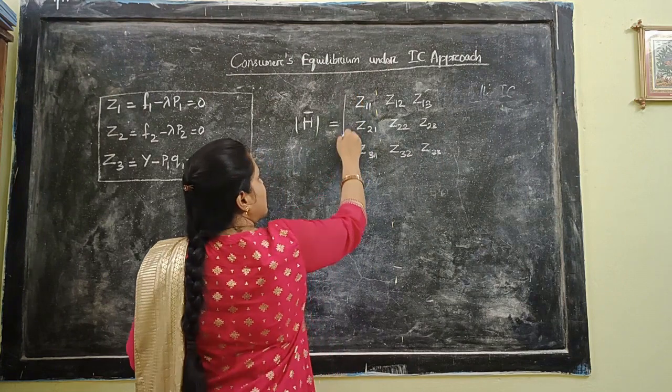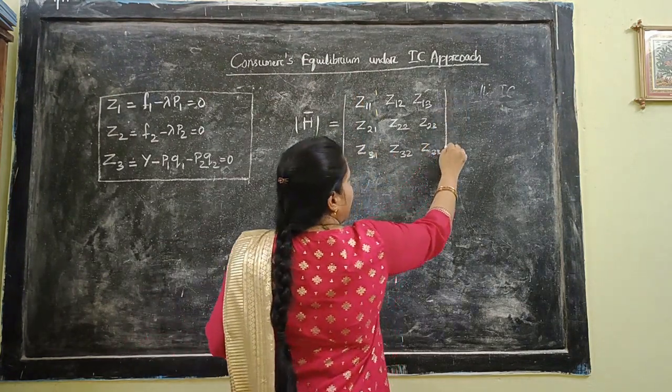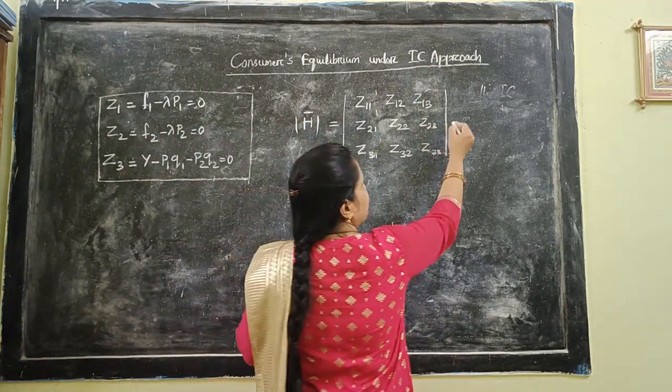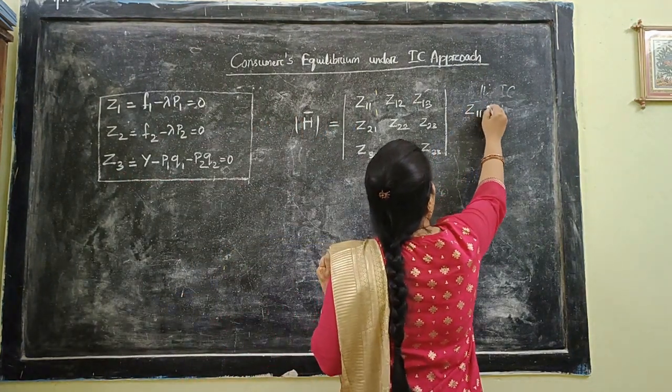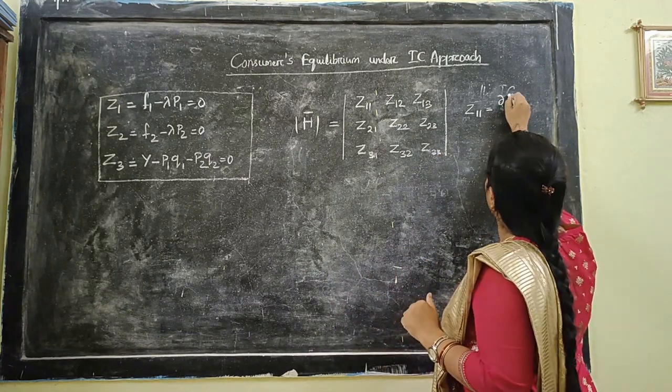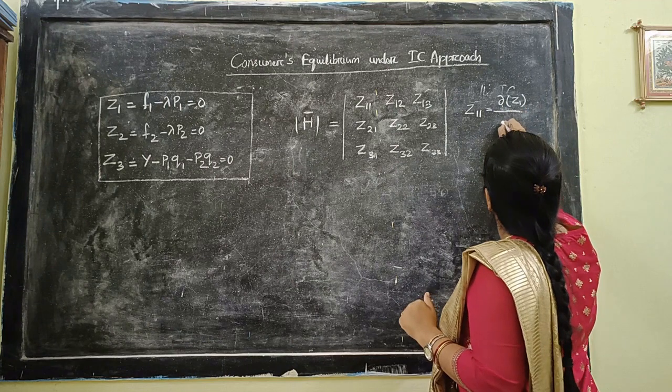This we have to derive from the equations. Here Z11 is equal to the partial derivative of Z1 with respect to Q1.